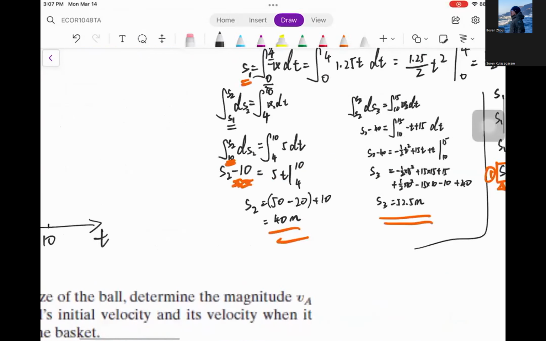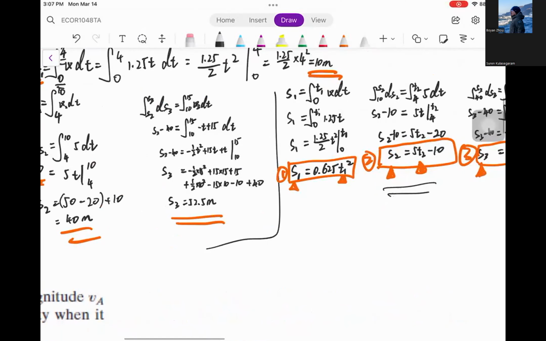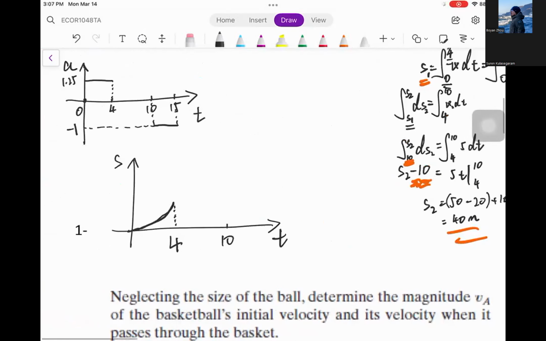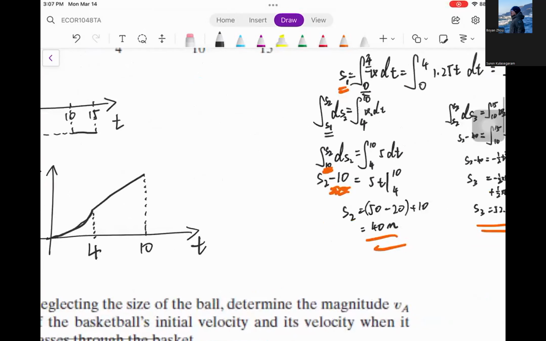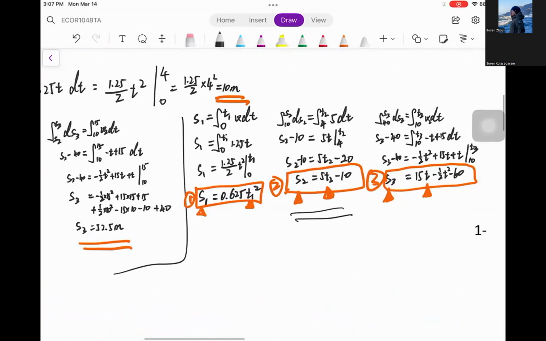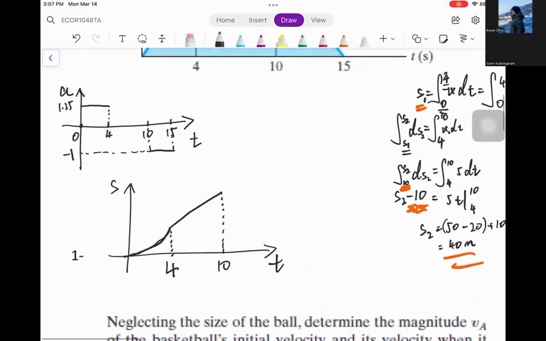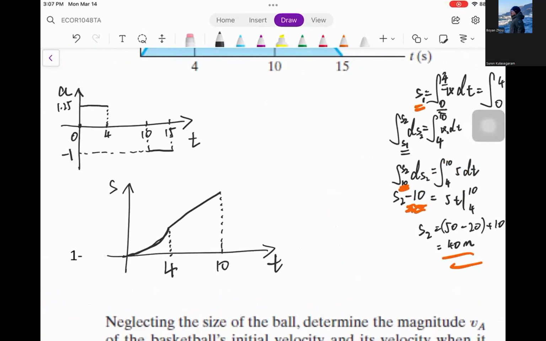And from 4 seconds to 10 seconds, it's our second equation, 5t minus something. So it should be a straight line like this. And lastly, the last one is also going to be a curve, like this.